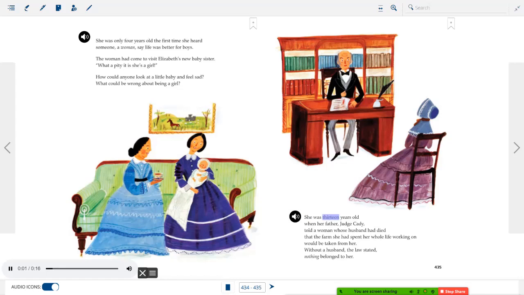She was 13 years old when her father, Judge Cady, told a woman whose husband had died that the farm she had spent her whole life working on would be taken from her. Without a husband, the law stated, nothing belonged to her.